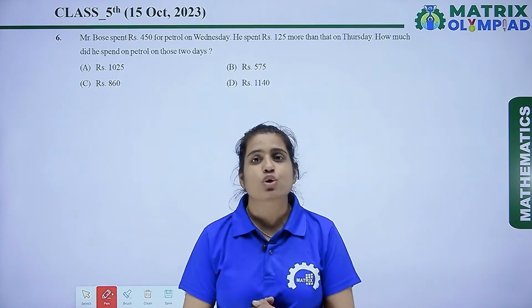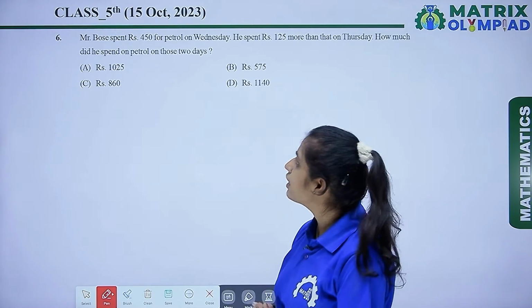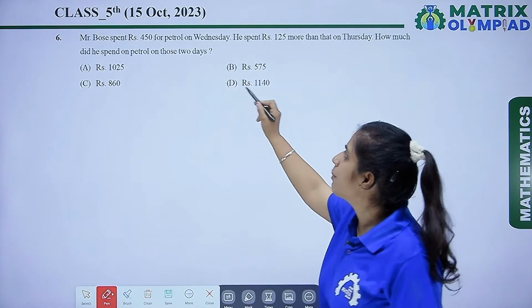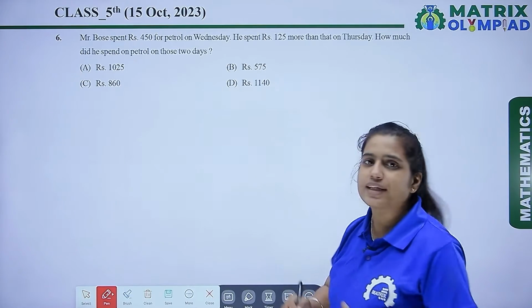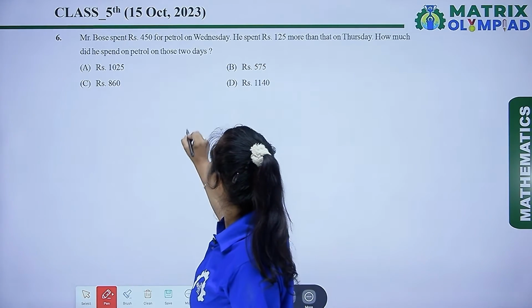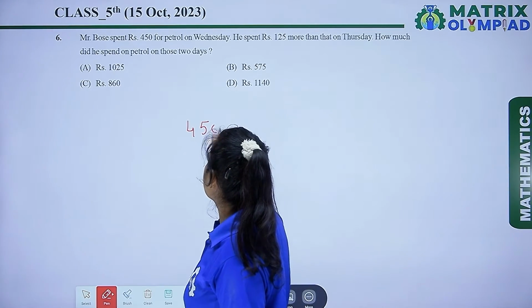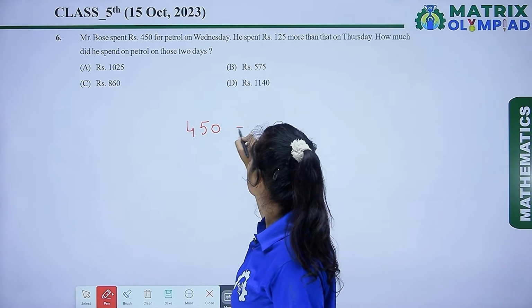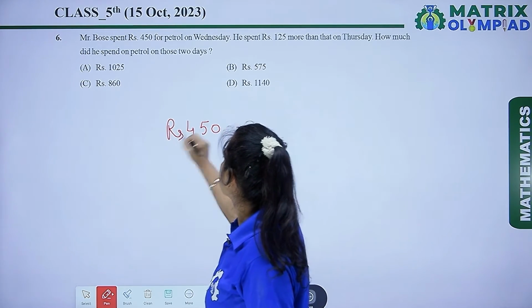Now, the next one is question number 6. Question 6 है, Mr. Bose spent rupees 450 for petrol on Wednesday. Wednesday को Mr. Bose ने 450 खर्च किए. So expenditure हो गया उनका on Wednesday rupees 450.